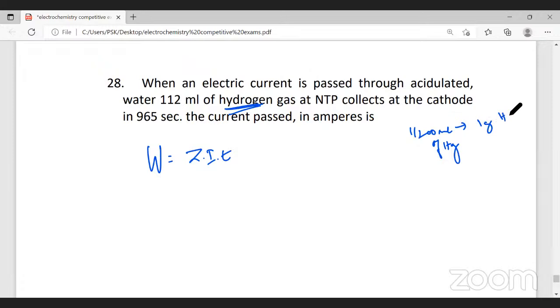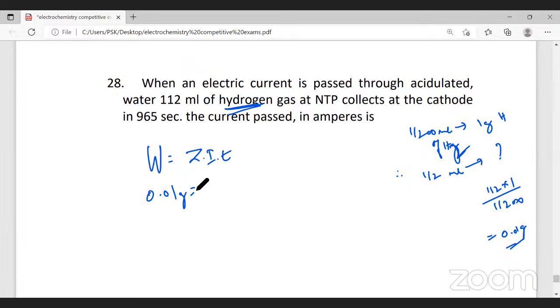Therefore, 112 ml of hydrogen gas will weigh 112 into 1 divided by 11200, which is 0.01 grams. That will be equal to Z into I into T.